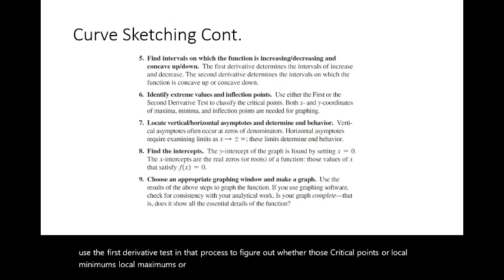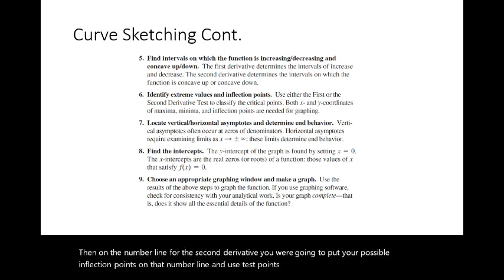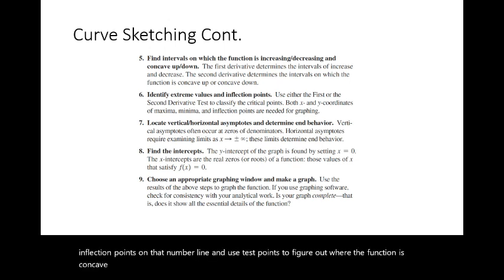Then on the number line for the second derivative, you put your possible inflection points and use test points to figure out where the function is concave up and concave down. In the process, you will also figure out where the inflection points actually are.